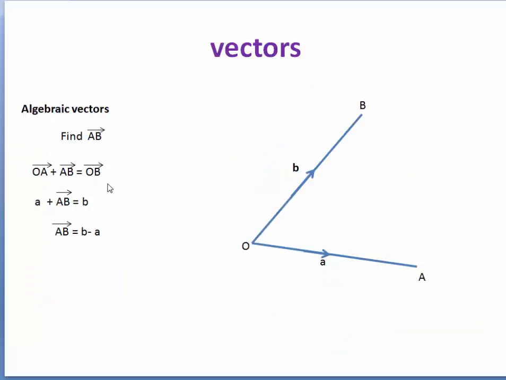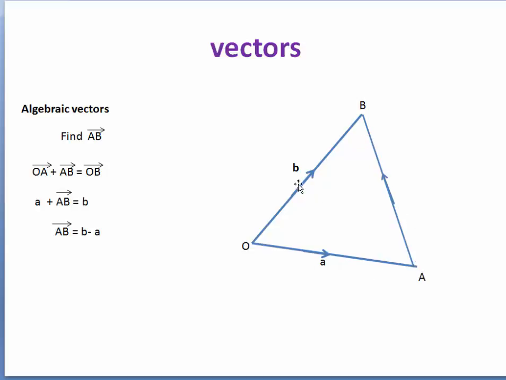So we've represented that here. We have to find vector A to B. So vector OA plus AB would equal OB. So we're going to draw that in this form. So we can see that these two are our vectors that are continuous.